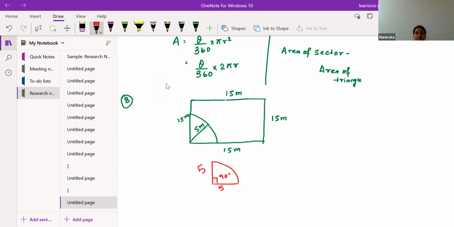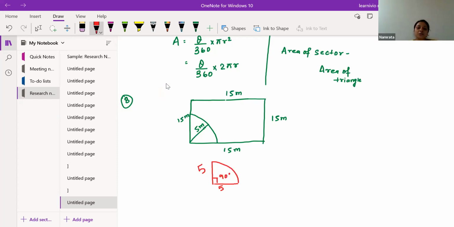Can I say? Yes, ma'am. So basically what we have to find is the area of the sector, which can easily be found by theta by 360 into pi r square. Everything we know, theta we know, r we know. So we just have to apply the formula for area of the sector to find the portion which the horse will be able to graze when the length of the rope is 5 meter.